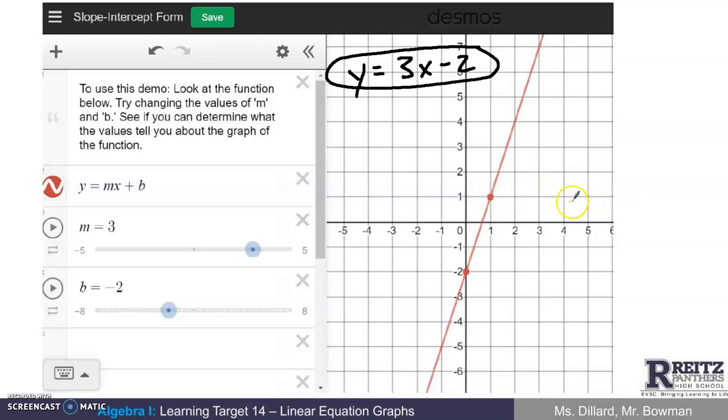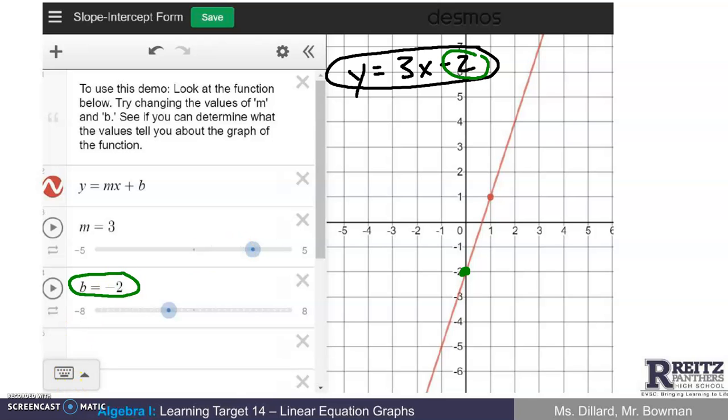But what I hope you noticed from playing with m and b is that b always coincides with where the graph crosses the y-axis, right here. If you changed the value of b, you would see the graph of the line essentially moving up and down the y-axis.